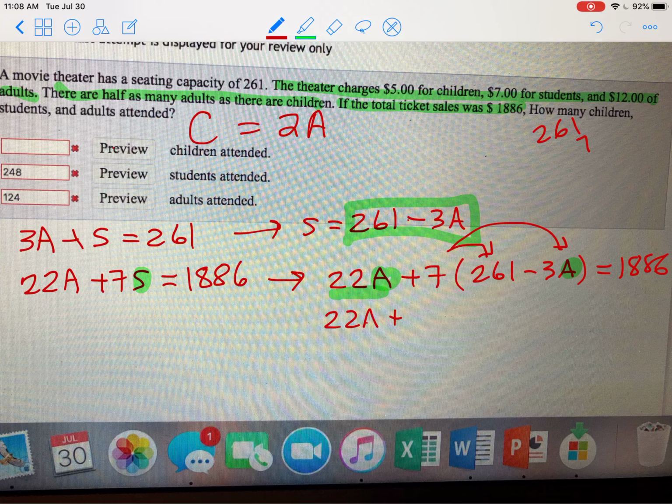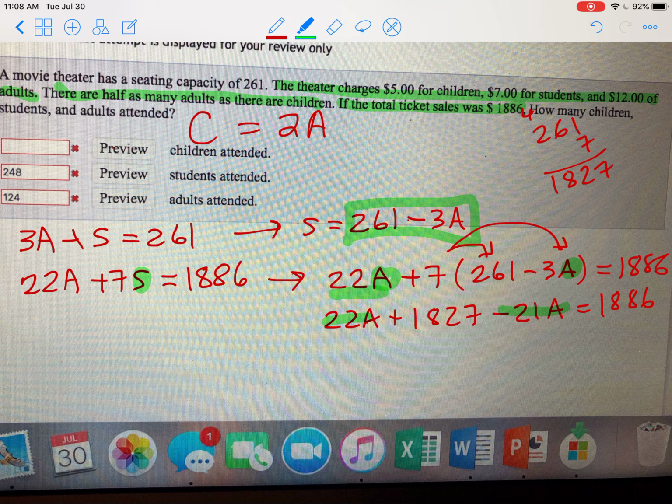I should have my calculator out, but I don't have it out. So 7, and then 42, and then 18. So this is 1827, and then minus 21A equals 1886, and now that simplifies.